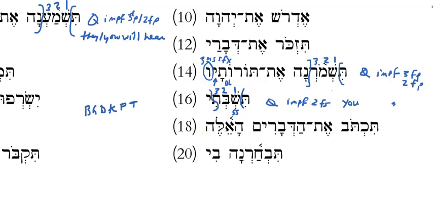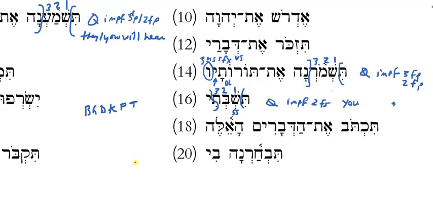Okay? Like here, I have devarai. That's a vocal shva, not a silent shva. And the bet, which would normally have a Dagesh Lene to preserve the hard b sound, is lost, and so now it's deva. Deva. Okay? All right. Other questions?